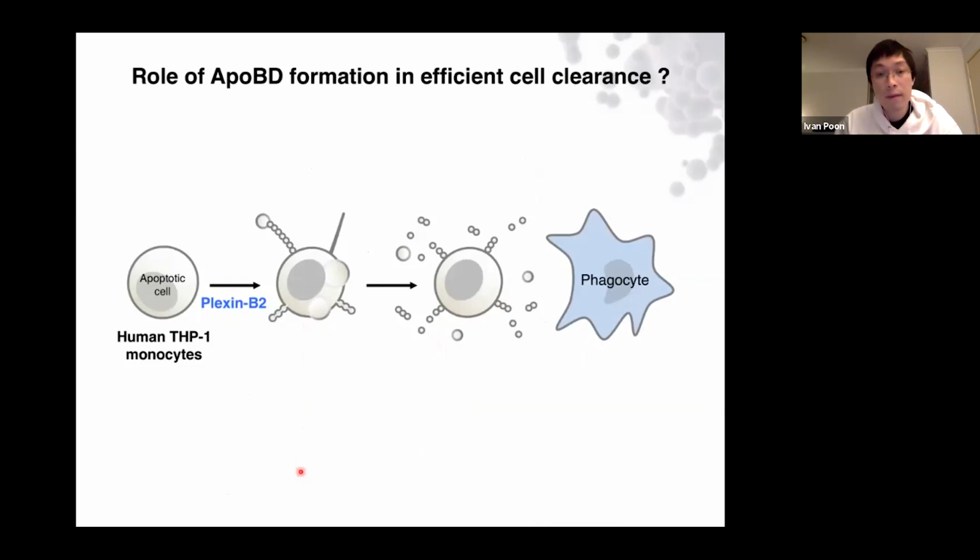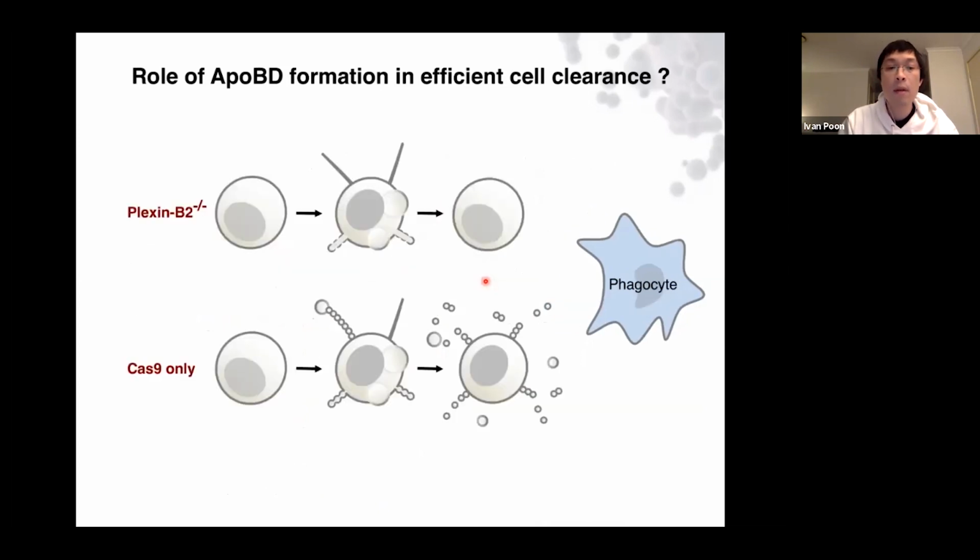We can also create a different scenario using the THP1 monocyte that I mentioned before, where plexin B2 is important for the formation of the beaded protrusion and then undergoing fragmentation. And when we knock out plexin B2, the cells can still form protrusions, but the protrusions don't form beads, they retract quicker, so therefore they will not be able to undergo fragmentation.